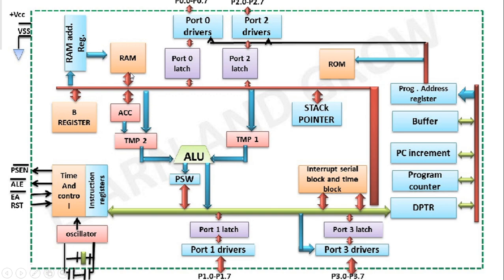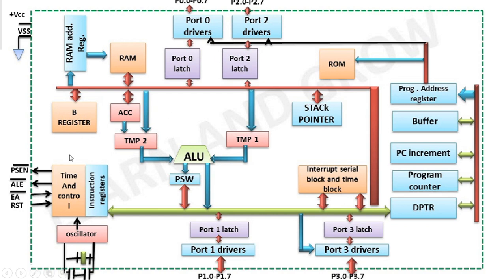Similarly, here we have this RAM space in which we can store data, program related data. And here we have the RAM address register in which we can store the address of the data currently accessed from the RAM, or address of the memory location which is currently accessed by the processor.